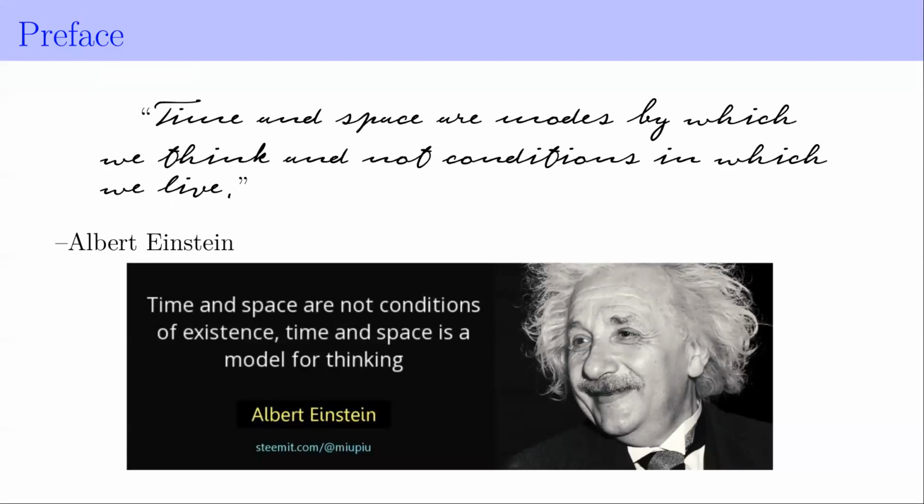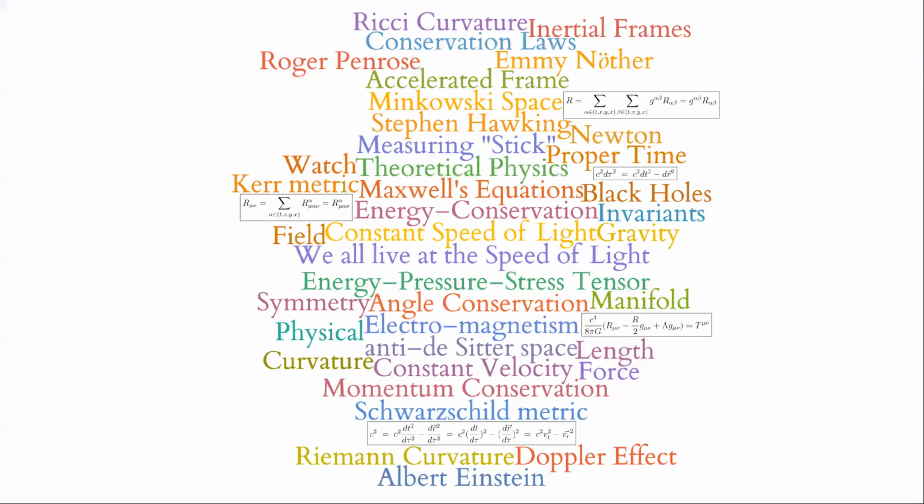That is, the general ideas that Newton came up with are not actually the way in which we live, even though we're accustomed to thinking about it. A similar statement was time and space are not conditions of existence. Time and space are a model for thinking. So we're going through all of the same material we've talked about before.